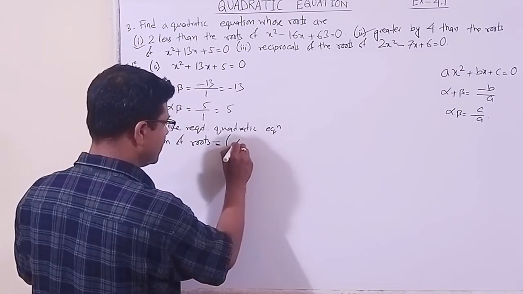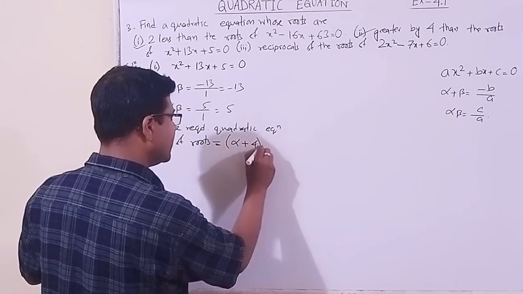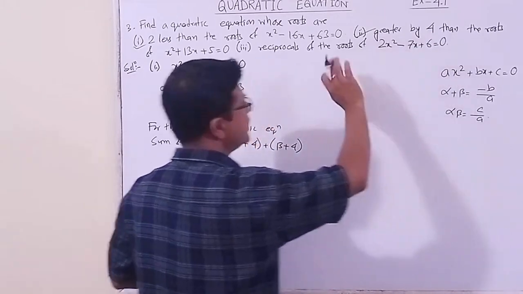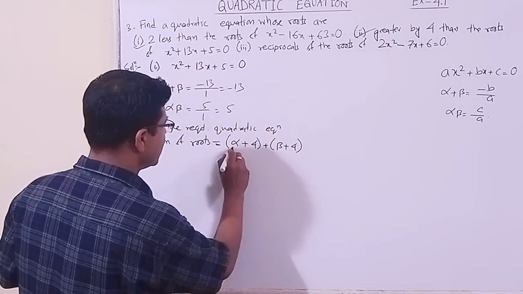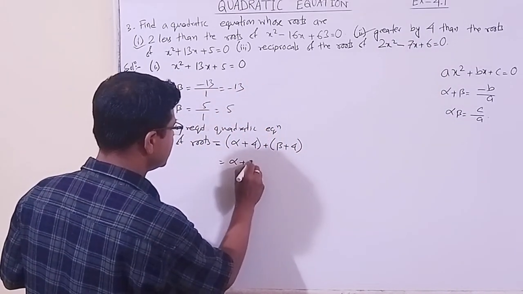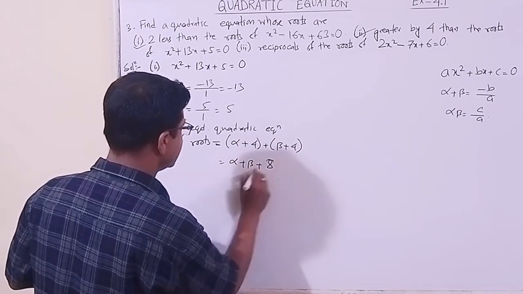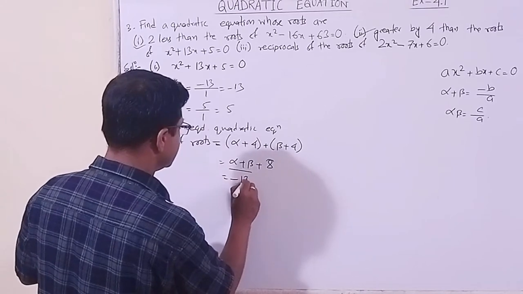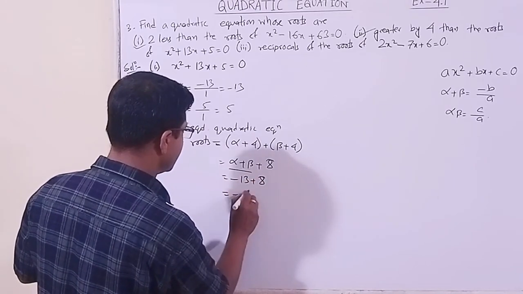Then now one root will be alpha plus 4 and another will be beta plus 4, because each root is greater by 4. So alpha plus beta, let us write together, and 4 plus 4, 8. Now what is the value of alpha plus beta? This is minus 13 plus 8, this is minus 5.